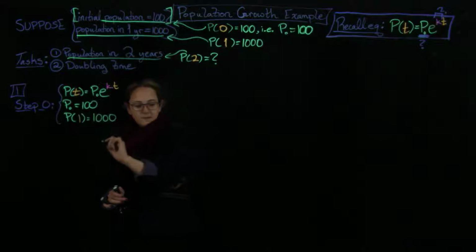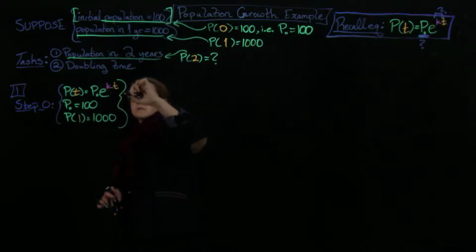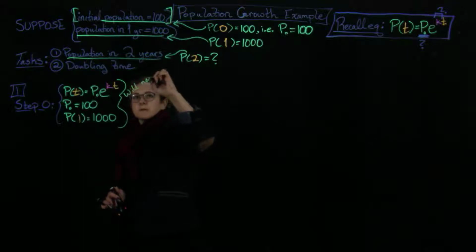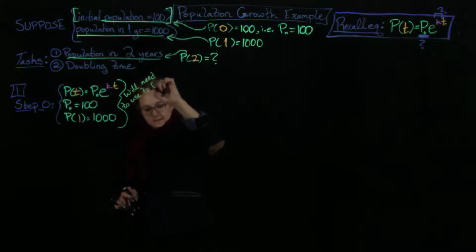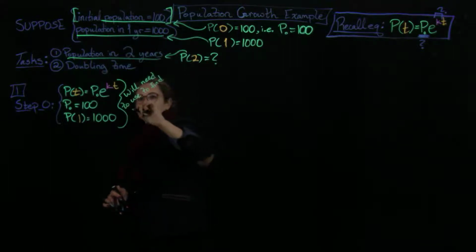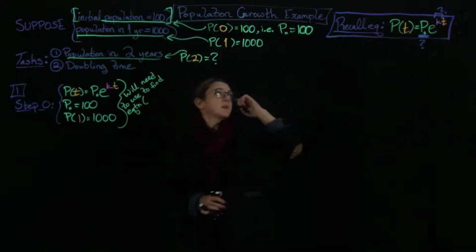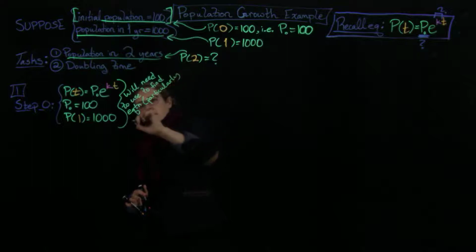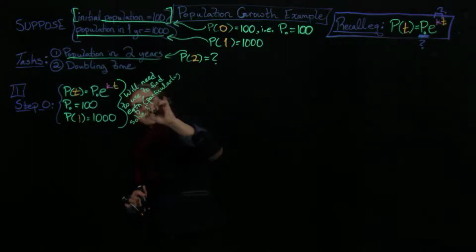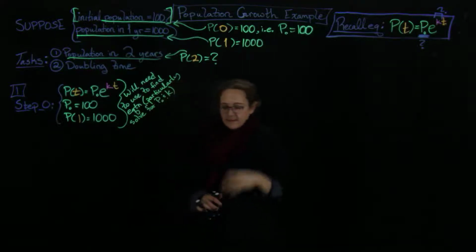Okay, and we're going to need to use this to find the equation, particularly solve for P naught and K, to find P of 2.